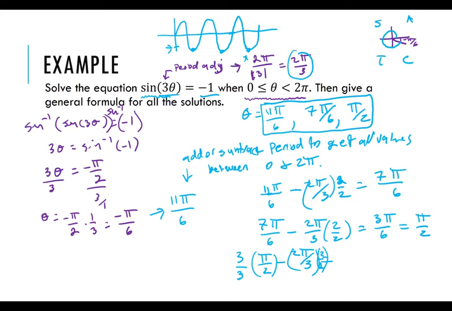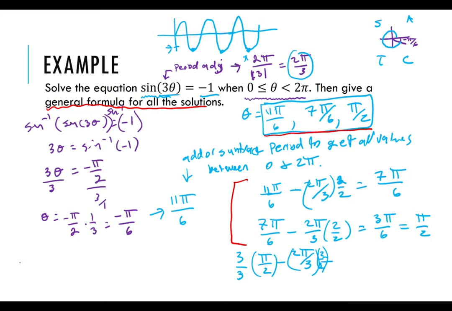Well, then recognize that at this point, if I want to give a general formula for all solutions, the truth is what we did right here is actually exactly that formula. You take your smallest angle value that we found here and add every period to that, and that will give you all your solutions.